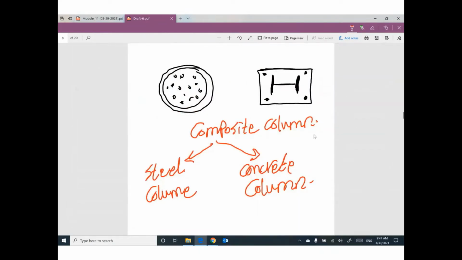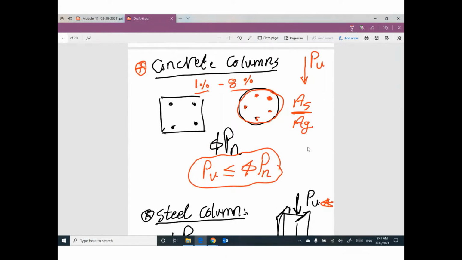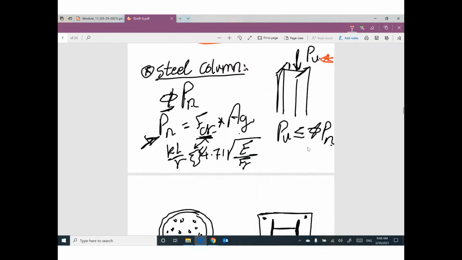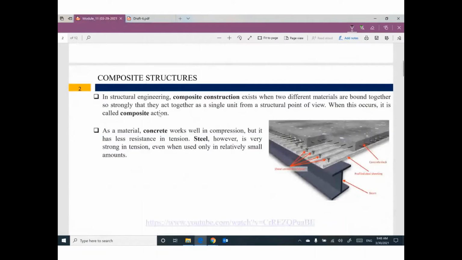And it's very important to start the story from scratch. If you have concrete column alone, we have different technique in design. If you have a steel column alone, we have different technique. If you have composite column, I mean by composite means we have a steel column embedded in concrete, or we have steel tube filled with concrete. So we have composite column.